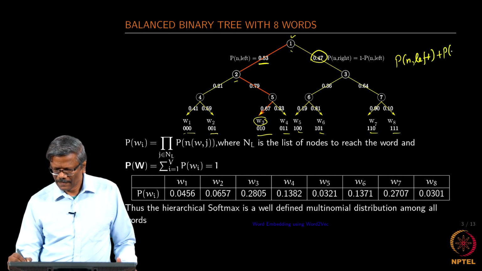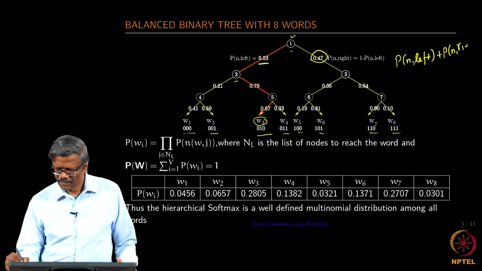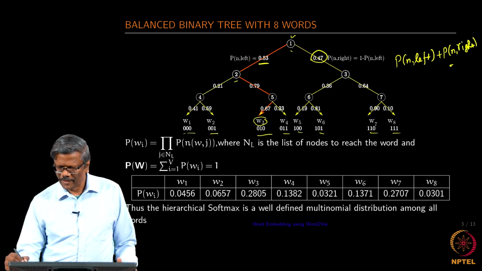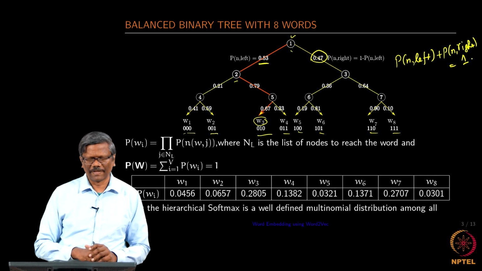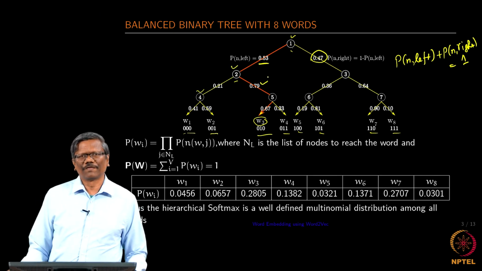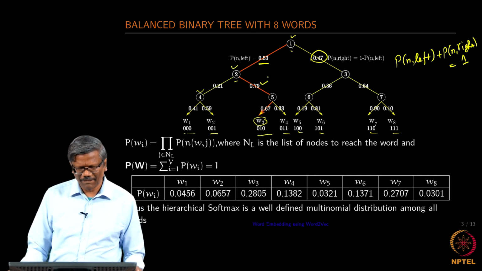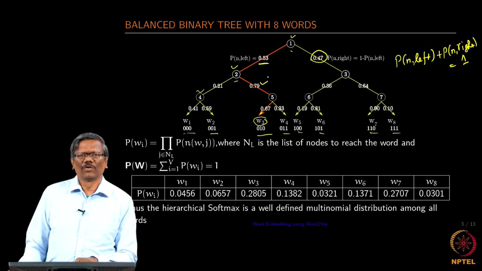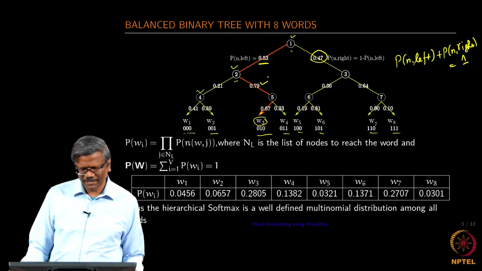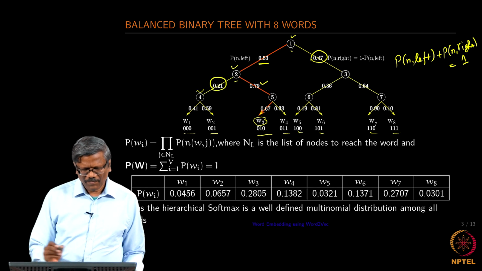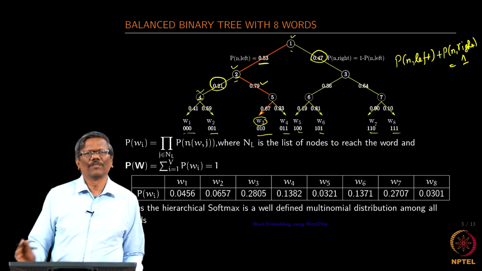That means P_n left plus P_n right should be equal to 1. So, this is the rule that we have to apply. Let us assume that we are able to find the probability of reaching from node 2 to 5 as 0.79, then the probability of reaching from 2 to 4 would be 0.21.